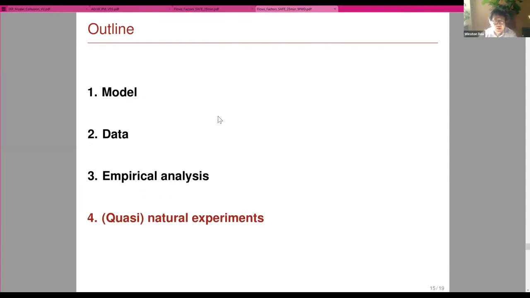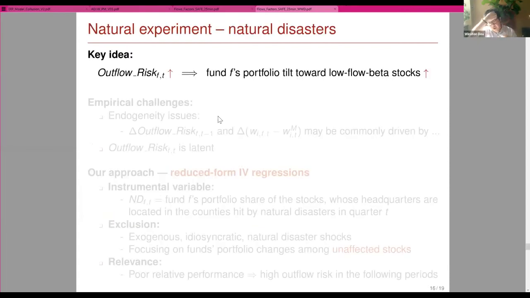And the last piece is we use natural experiments to further directly test this flow hedging behavior of the fund managers. The key idea here is very simple. Ideally, we want to see that when the outflow risk of a fund goes up, the fund will tilt the portfolio towards low flow beta stocks and become more aggressive.